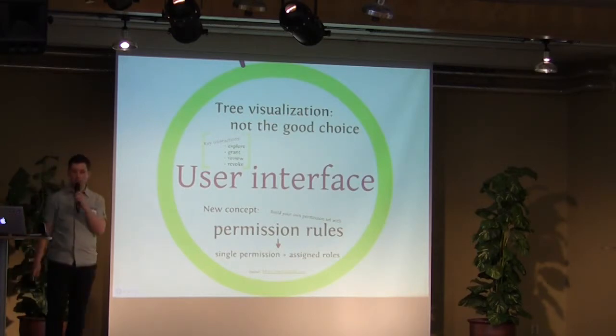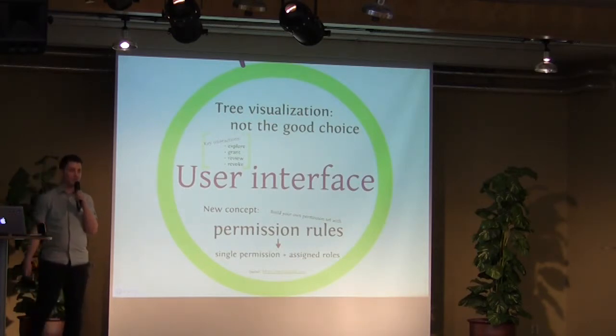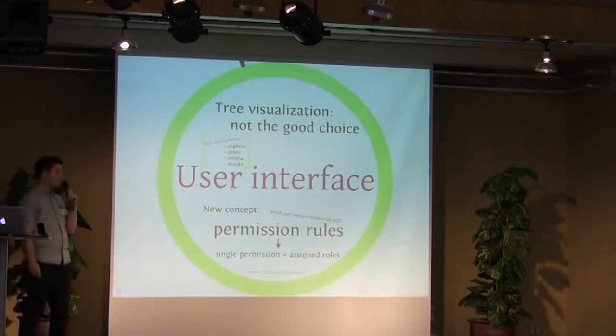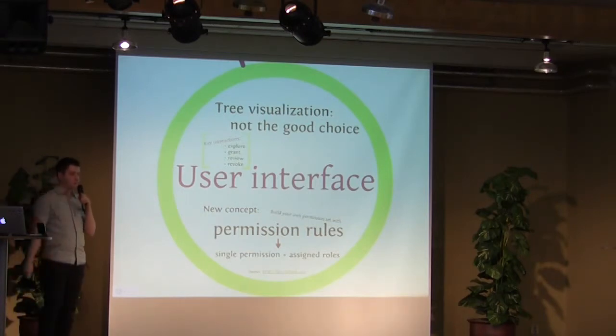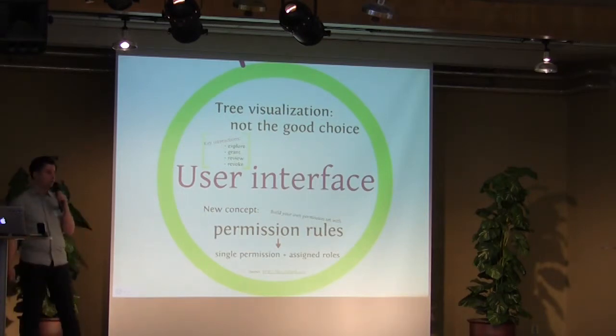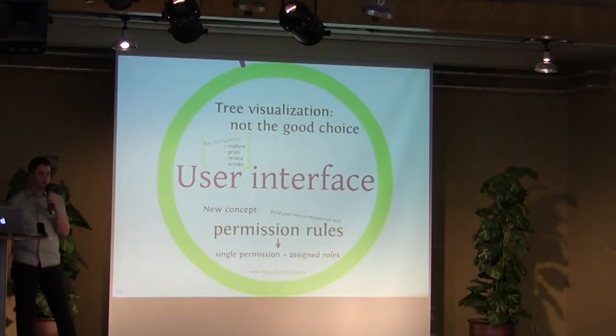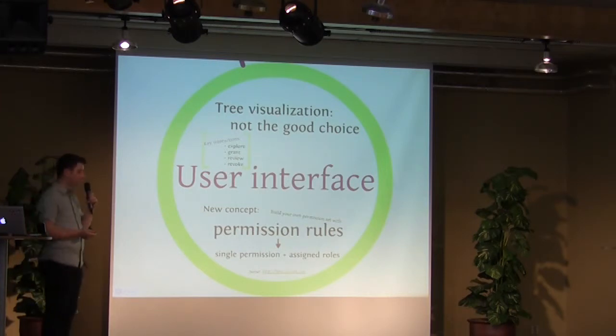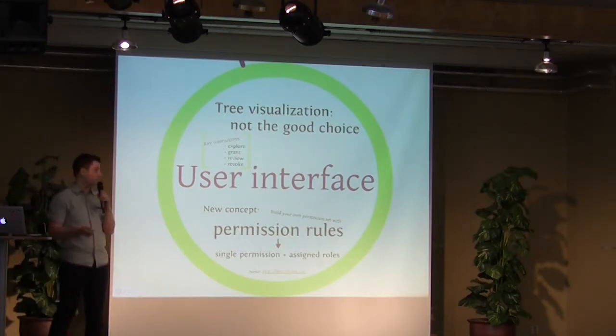I call it permission rules, and that means that you have a lot of permissions on your website. And what if you can select the subset of the permissions that you're actually going to use? So you can select what kind of permissions you will use on your website, and after you do that, you have to deal with only those permissions that are actually important for you.